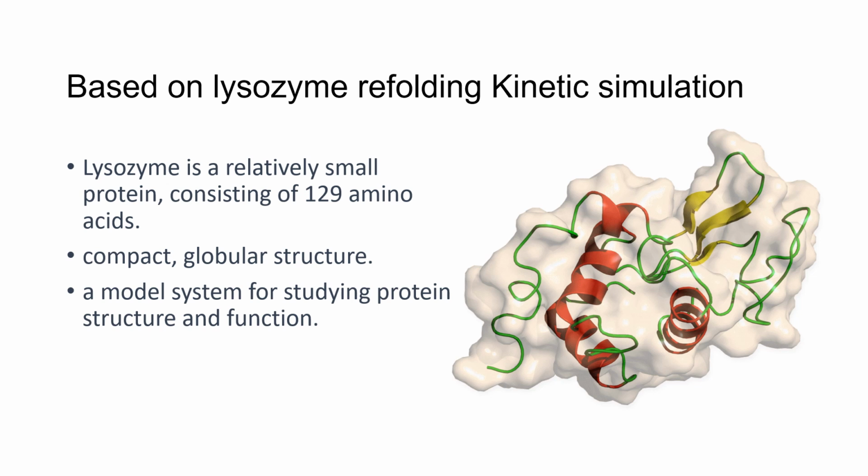The enzyme has a deep cleft in its structure that binds to the strands of bacterial cell walls, and its catalytic site contains a cluster of amino acids that act as a proton donor and acceptor during the hydrolysis reaction.